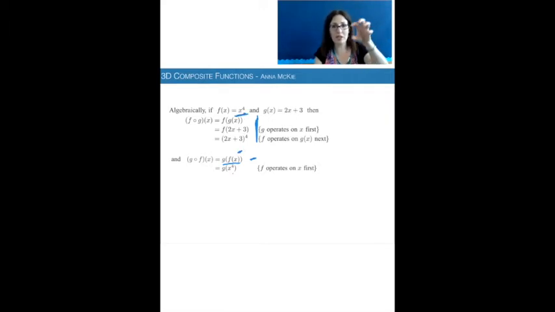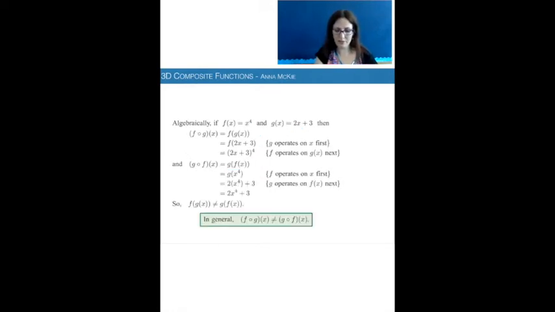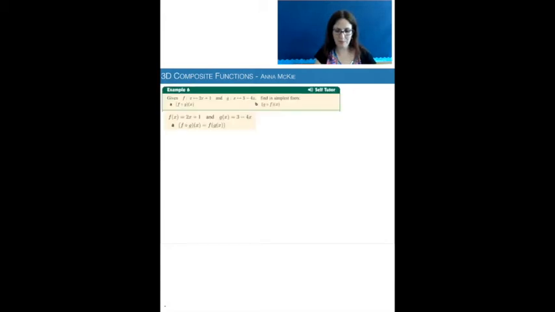So the x to the power of 4 goes in, and that means wherever you had an x in the g function, you now put x to the power of 4. And what we get from that is 2 times x to the power of 4 plus 3. And so our two answers are here and here. Now, although they each have a power of 4 component, you know that if you were to factorise out the brackets on this one, you'd get a very different answer to this one. So generally, most of the time, they are not equal, just for information's sake there.